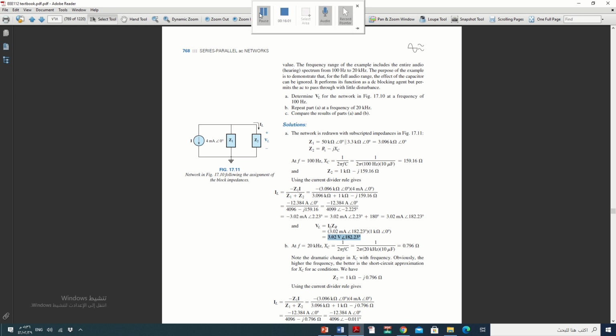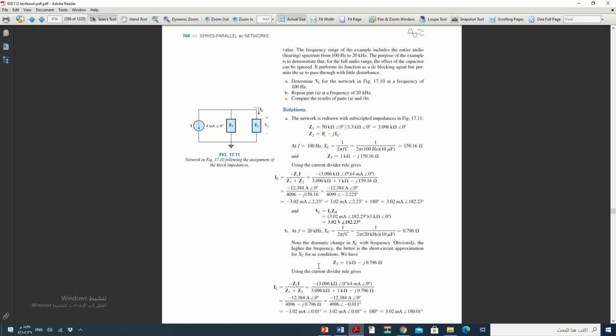Part B. For part B, we will use the frequency of 20 kilohertz, and the XC we find will be 0.796 ohm. If we substitute, Z2 will be similar in R but different in XC.